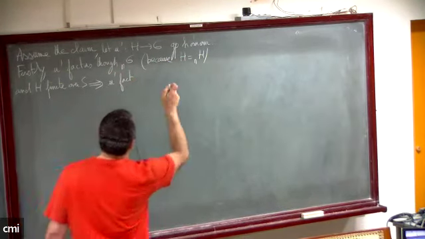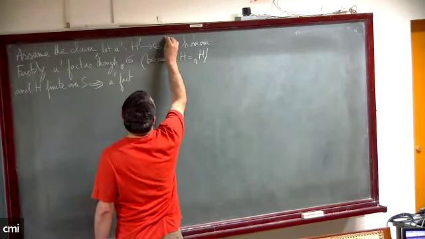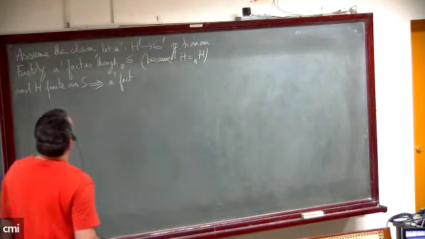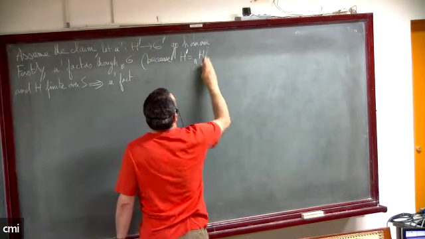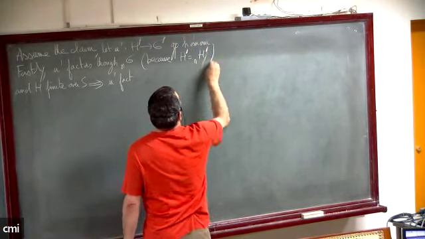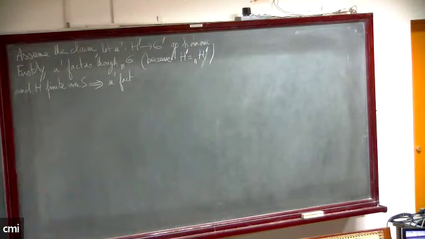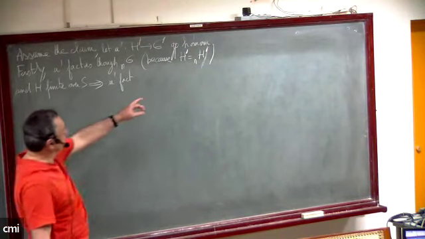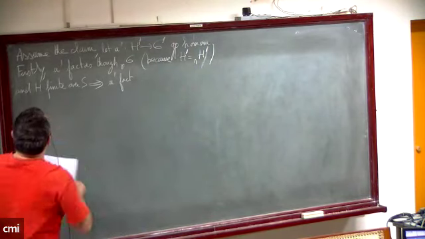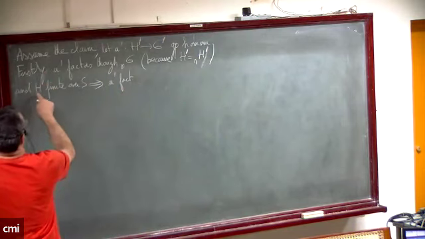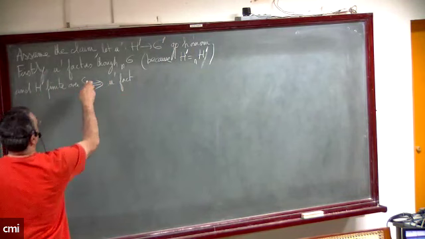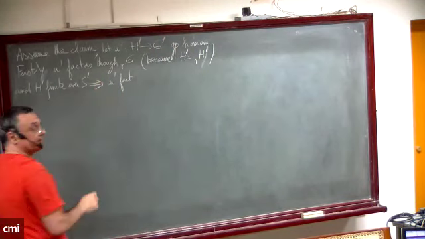Oops, sorry, I missed the prime here. The assumption that H is equal to its n torsion applies the same thing over S prime. And so we have this thing, and H prime is finite over S prime.